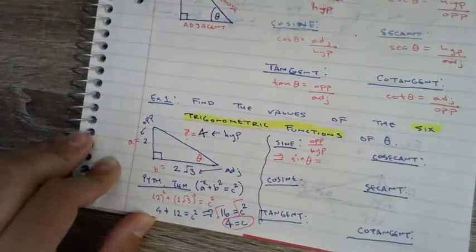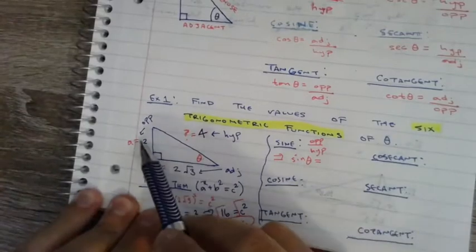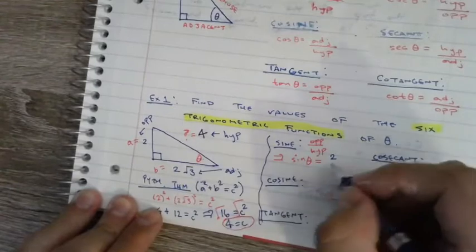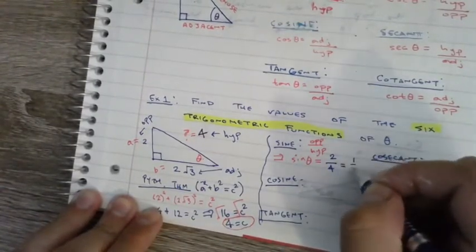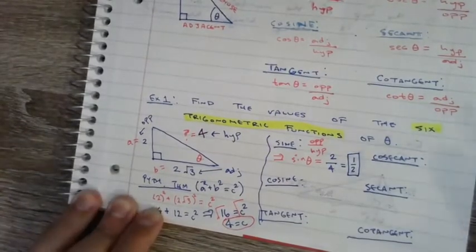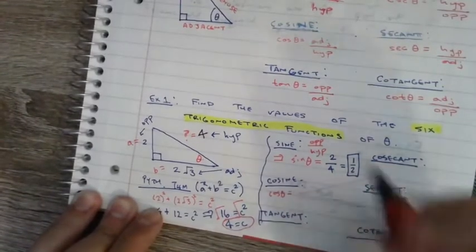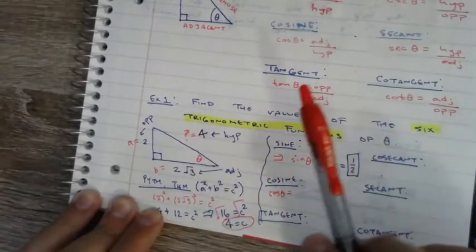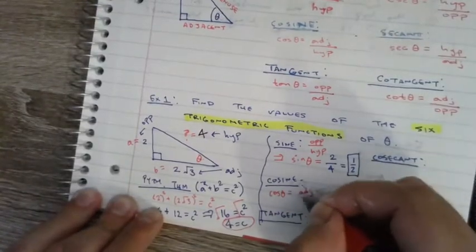Now let's take a look. Our opposite is 2, so sine of theta is 2, and your hypotenuse is 4, so it's 2 over 4. Once you simplify that, you get 1/2. Now let's look at cosine of theta. Again, from our previous ones, it's adjacent over hypotenuse.